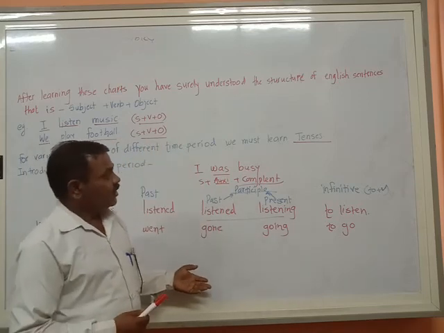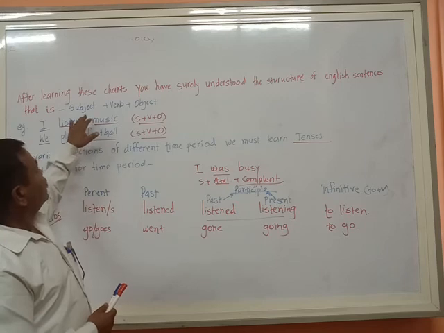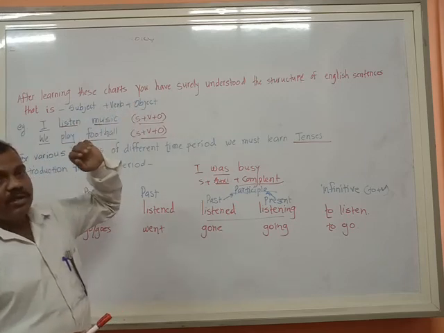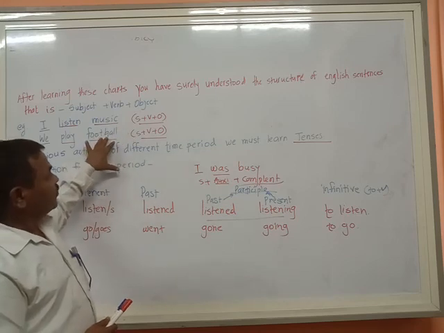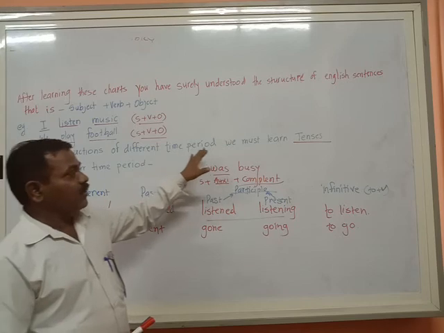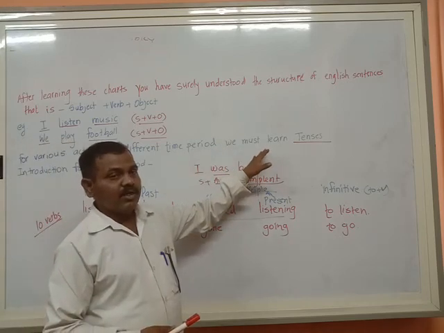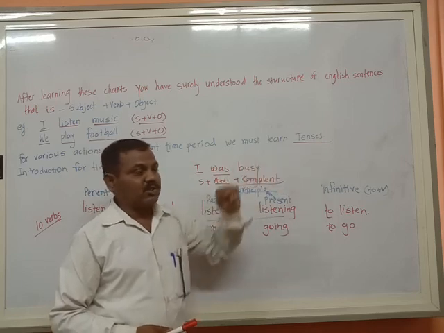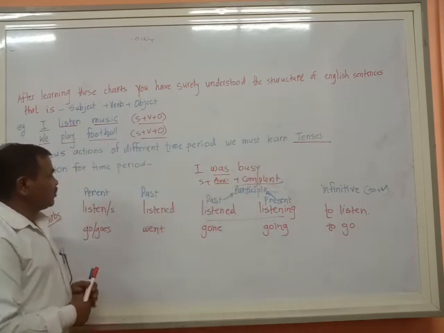After that, you have come to understand that subject plus verb plus object is the structure of English sentences. Here examples are given, and for more understanding and a very great number of sentences and structures, we have to learn the basic topic of the tenses. And what is needed for this topic?